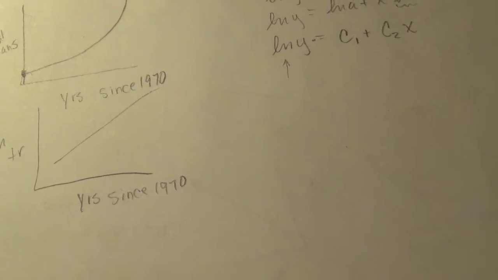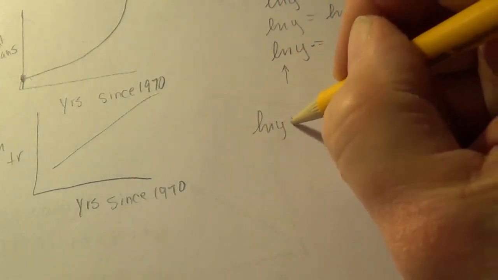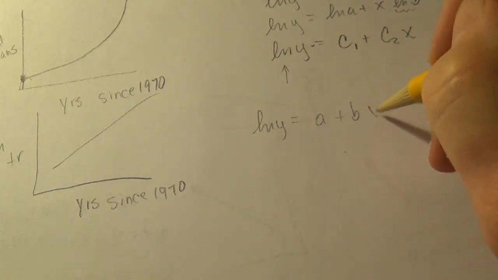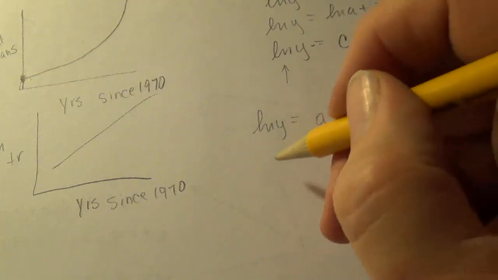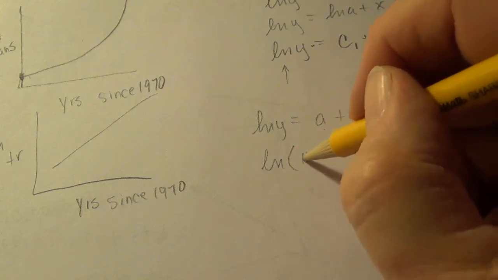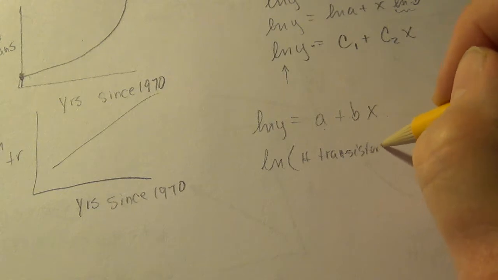So I'm going to do the same thing with the numbers. I'm going to say ln of y equals some value a plus bx. So now I need to grab these numbers from Minitab. So I get ln of y, and I'll give it the meaning number of transistors.